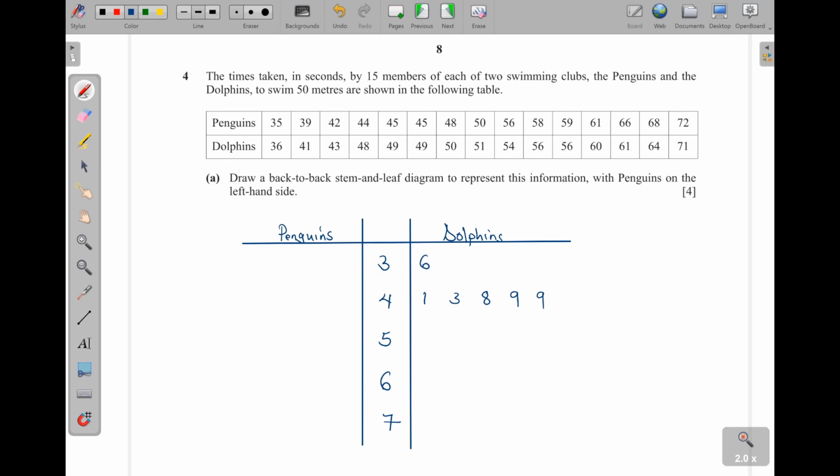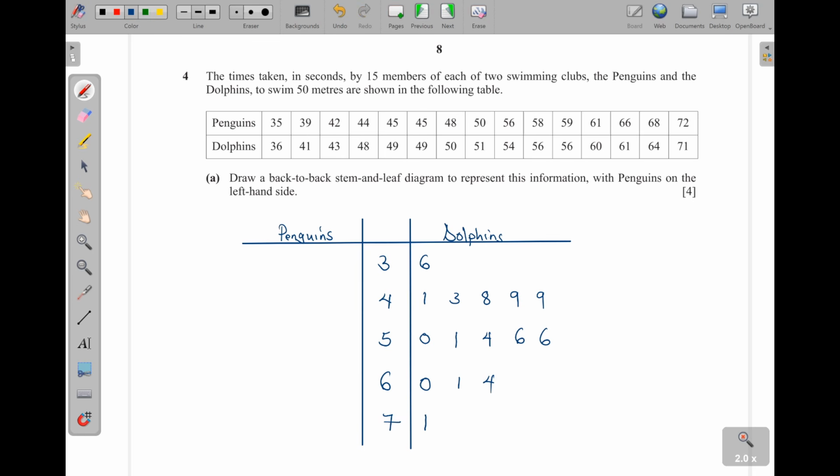Then next we go to 50s: 50, 51, 54, 56, 56. So we shall have a 0, then a 1, a 4, a 6, and a 6. Then 60s, we have 0, 1, 4. Make sure that the figures align vertically. Then 70s, we have 71, so I'll put it under that.